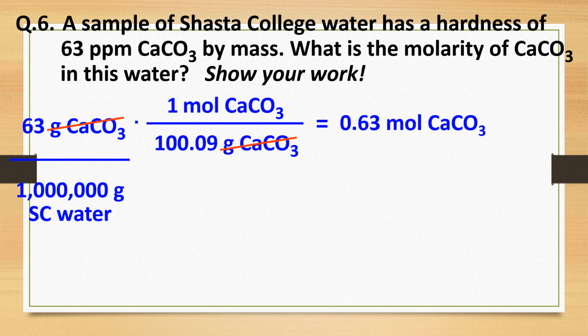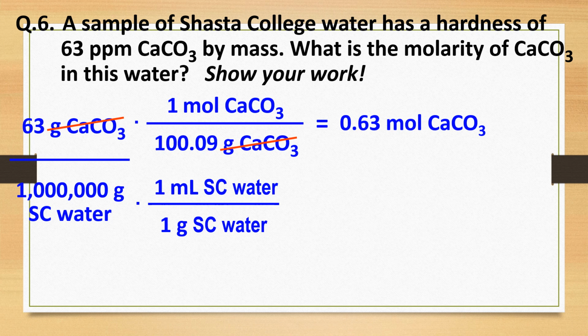How do we do that? We need to use the information of density, right? Remember, the water density is 1 gram per 1 milliliter. So we simply use that 1 gram per 1 milliliter density conversion and change that 1 million grams into a volume.